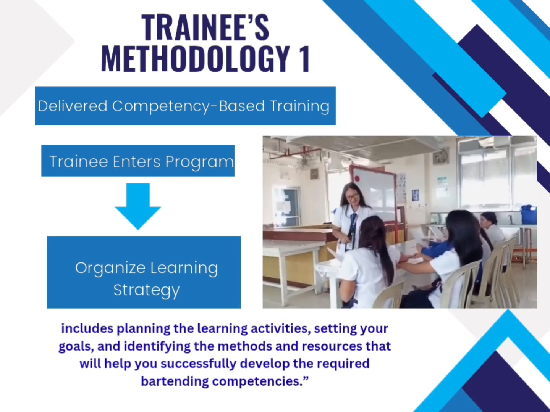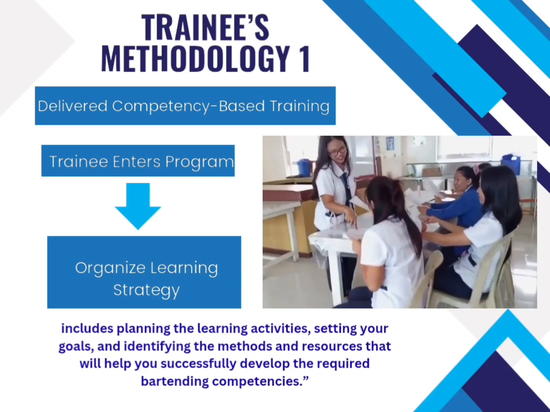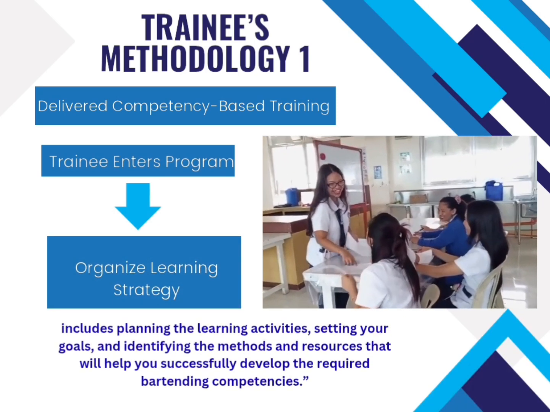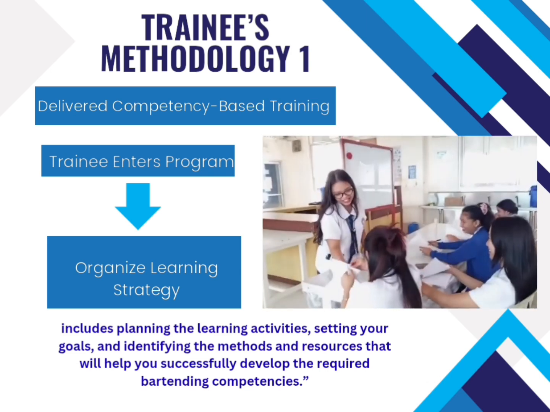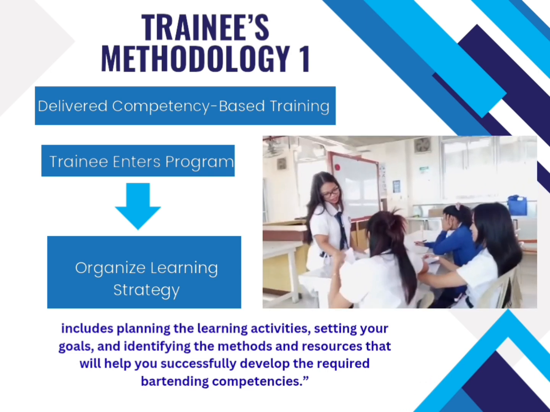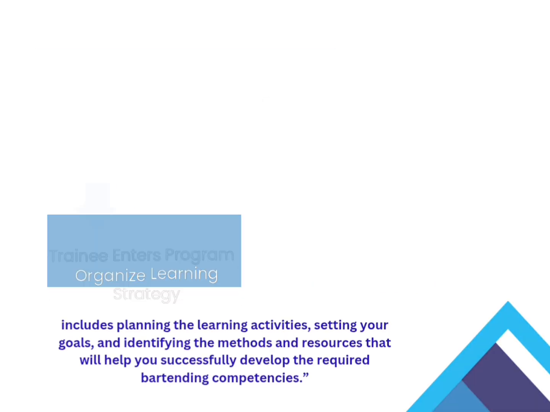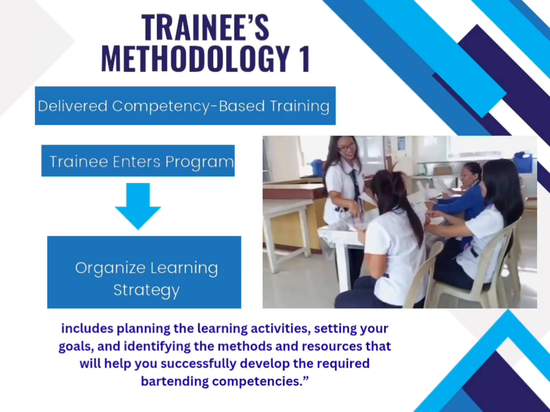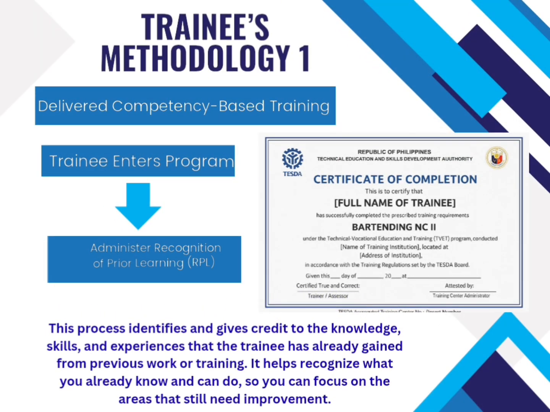Also, we have organized learning strategy, which includes planning the learning activities, setting your goals, and identifying the methods and resources that will help you successfully develop the required competencies. Administer recognition of prior learning or RPL.